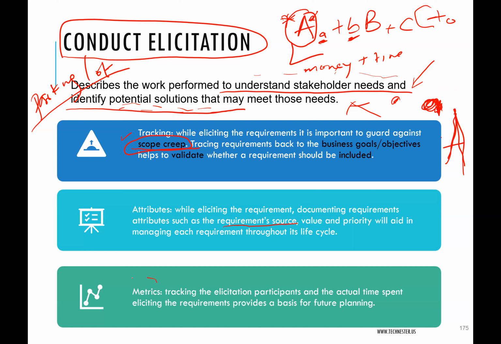A BA, while conducting elicitation, is also tracking participants, looking at time spent, how long they are spending, how much resources they are taking to actually conduct the elicitation. This will be used for future planning. Remember, we talked about lessons learned.